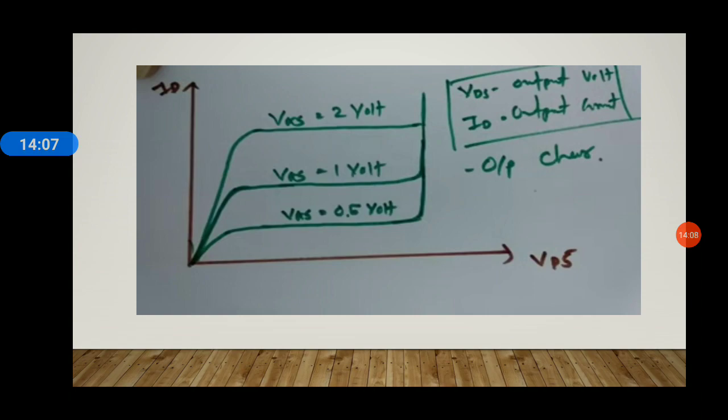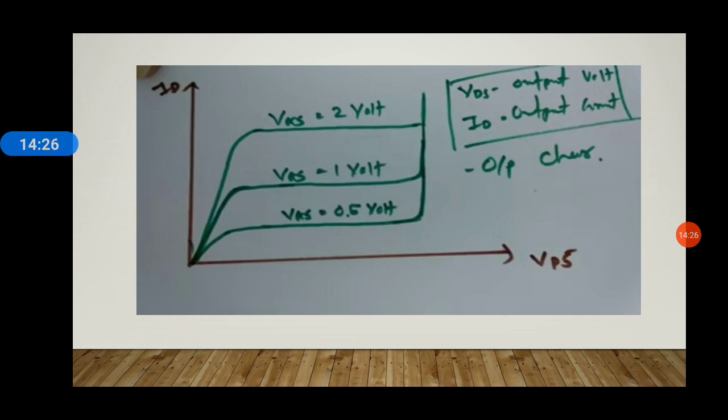Now the output characteristics is the same as the general MOSFET. Here, at a constant VGS, we are plotting the output voltage VDS against the output current ID. This is the output characteristics.